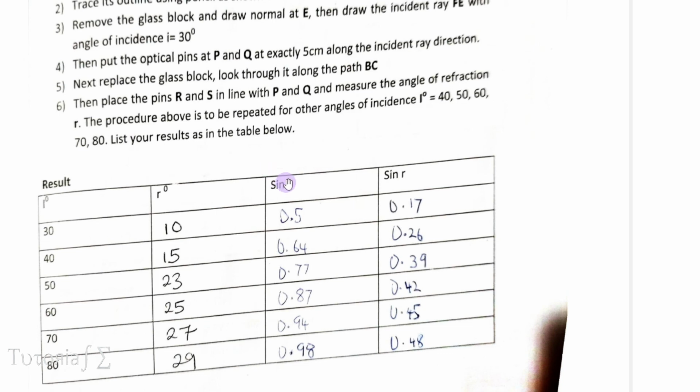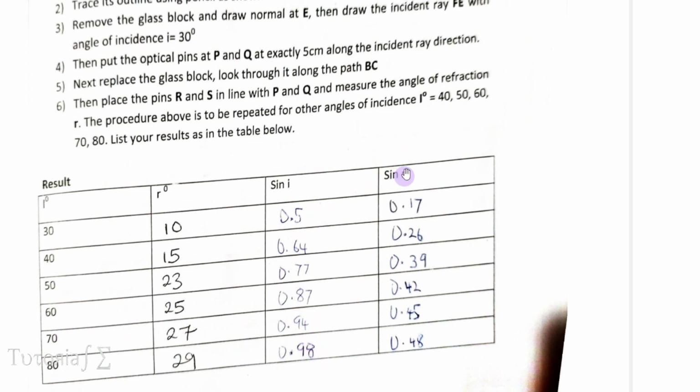Then now what we do is, this is sine i, so sine of these incident angles. Sine 30 gave us 0.5, sine 40 gave us 0.64, sine 50 gave us that, sine 70 gave us that, and so on and so forth.